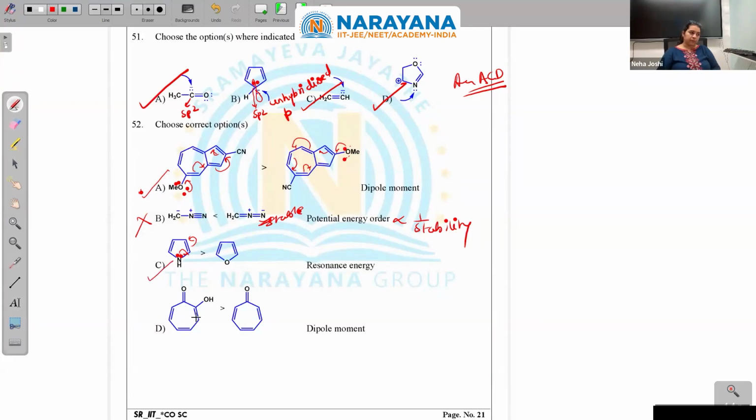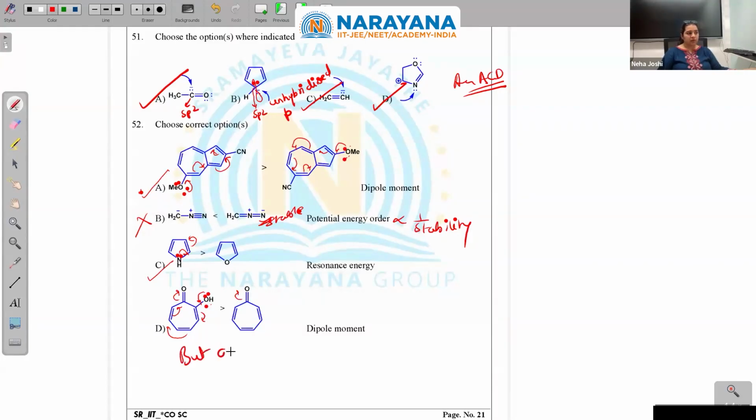D, if I go by logic, it seems to be correct like this, that this has a higher dipole moment if I go by structure or by simple resonating structure.